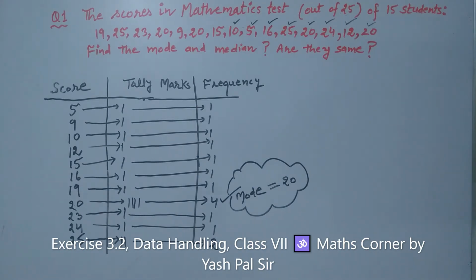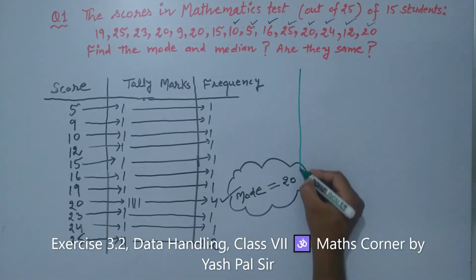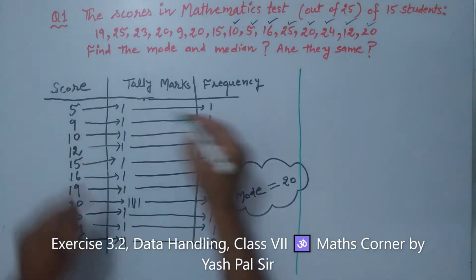To find the median, first of all, we arrange the numbers in ascending order. Okay, how to arrange them in ascending order?